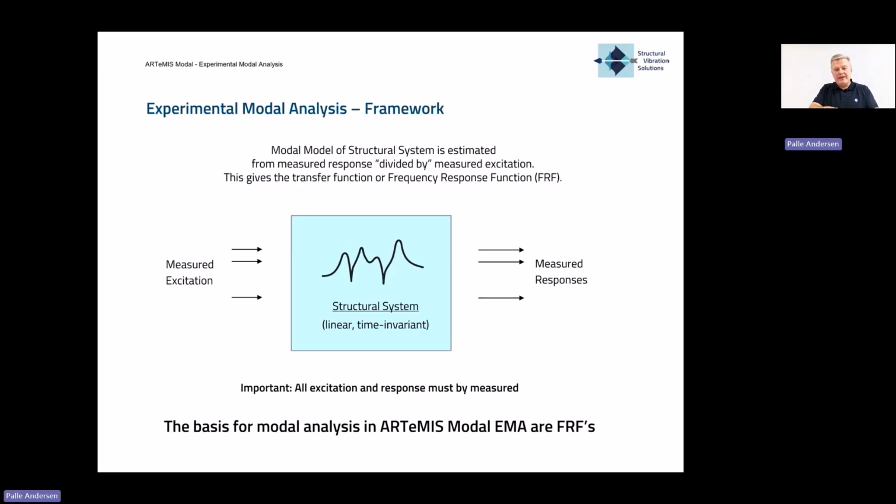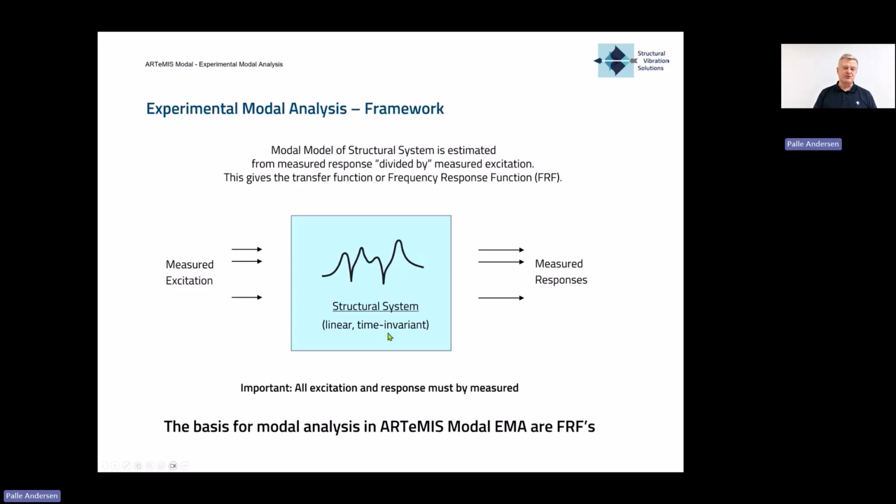That means if you have a weak excitation causing a weak response, the modes causing this are exactly the same as if you have significantly higher excitation that gives you a higher response. That's linearity. It means that things are exactly the same seen from a dynamic point of view of this structure. And this is what we are assuming when we do this type of modal analysis.